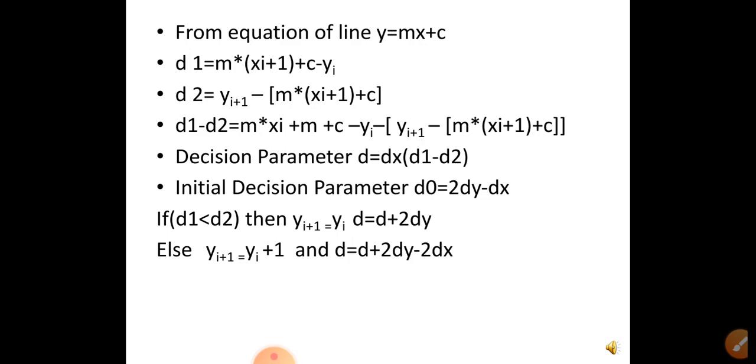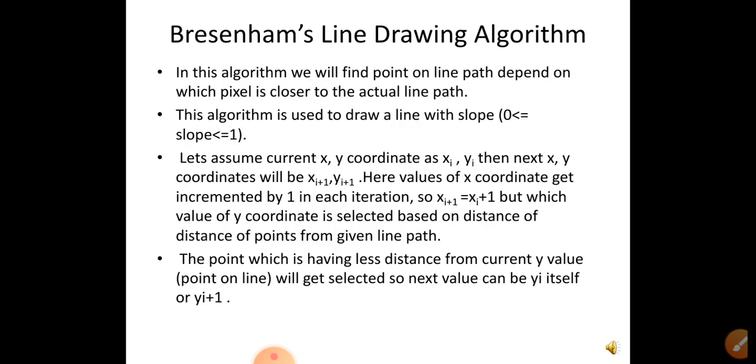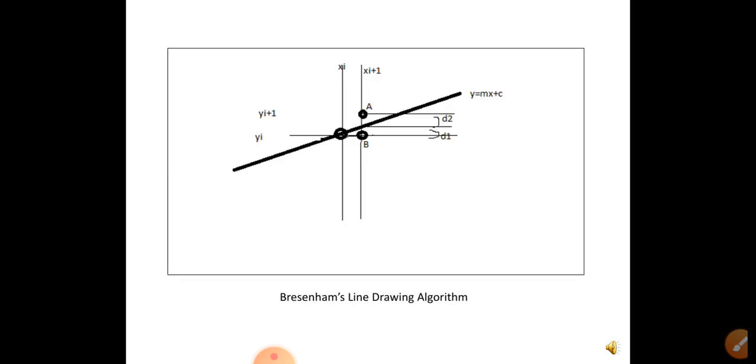D2 is the distance of upper pixel from actual line path. So, what is the formula? yi plus 1 minus y, where yi plus 1 means the next y value, the y value at pixel A. Okay. Yes, you can see this. Okay.